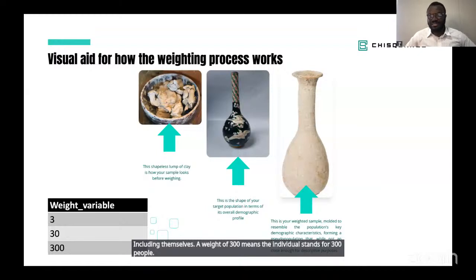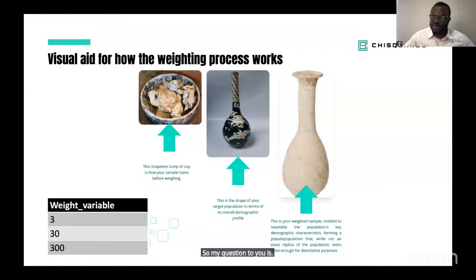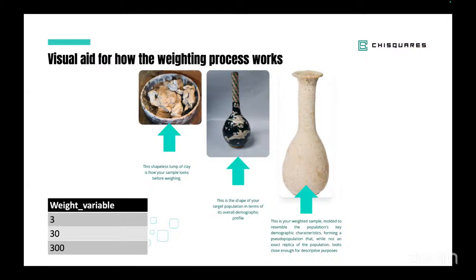So my question to you is, can you have a negative weight? Or can you have a weight of 0? What are your thoughts? Okay, someone said no. Okay, that's correct.